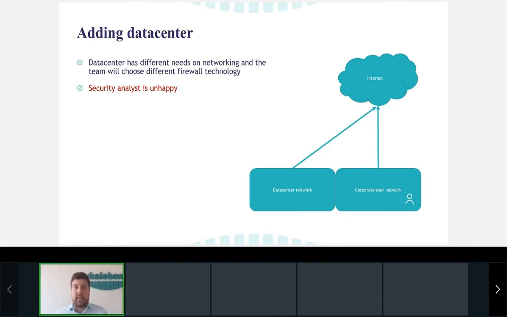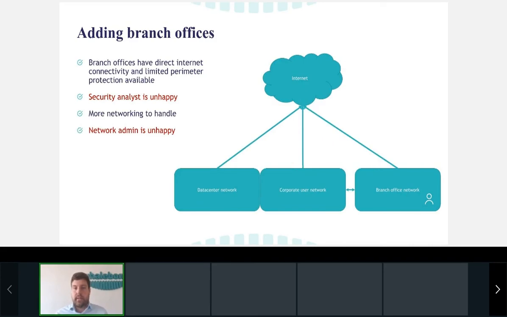But it doesn't end here, right? With adding the data center, the situation gets even more complicated over time. As the company grows, it's adding more branch offices, for example, meaning there are lots of challenges in how to deal with the branch offices.